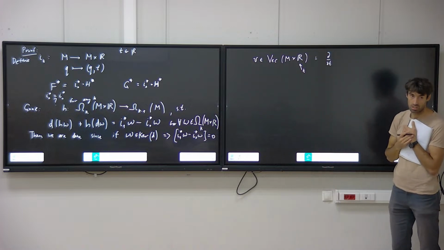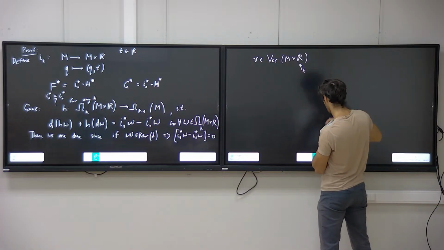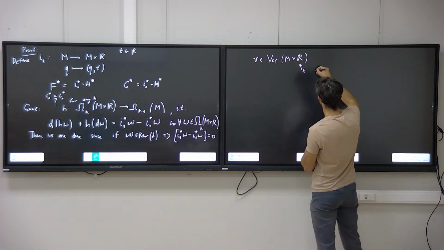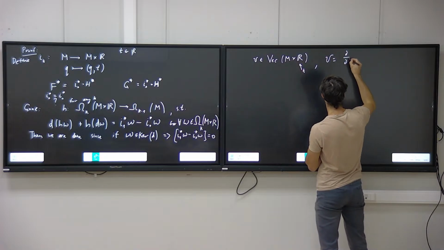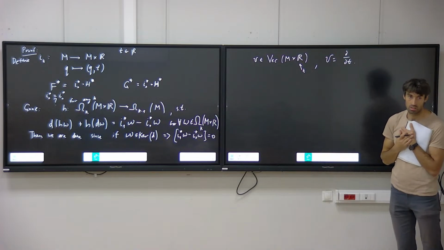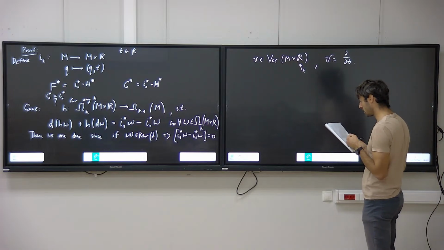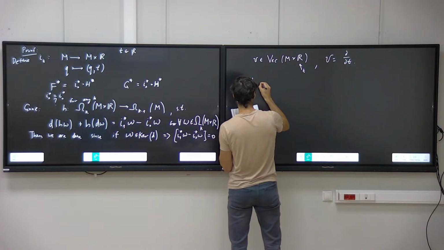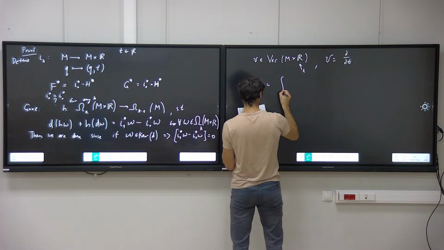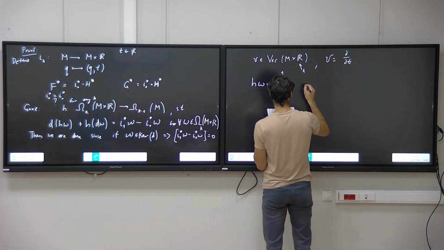It's just notation. So V equals d over dt. And I just define H omega to be an integral from 0 to 1.